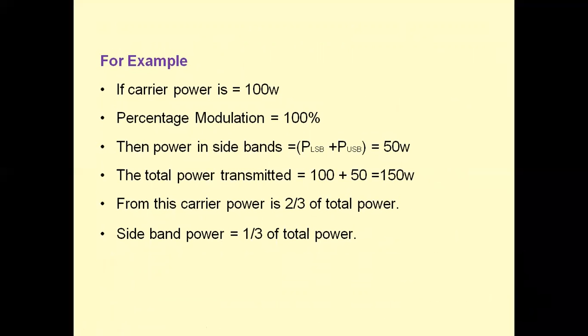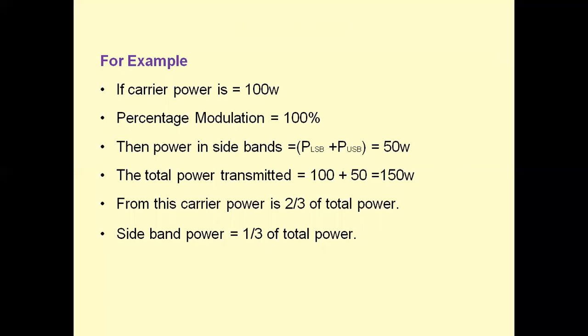So let us take an example to understand the concept clearly. Let us take a carrier power of 100 watts and a modulation index of 100%. Then the total power in the sidebands is the power in the lower sideband plus the power in the upper sideband.